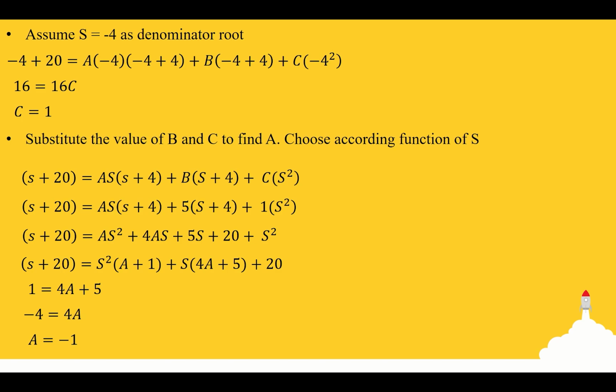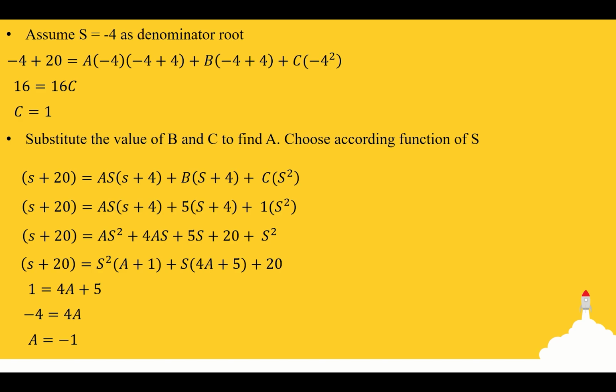So first, we substitute B and C, and then we expand and factorize. Because on the left side there is no S squared but it only has S, we assume that S equals 1.